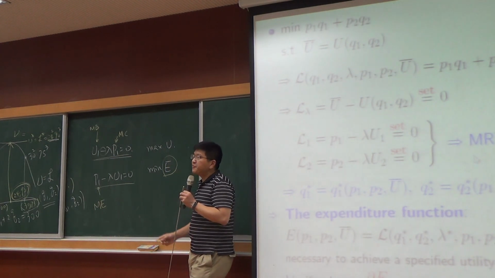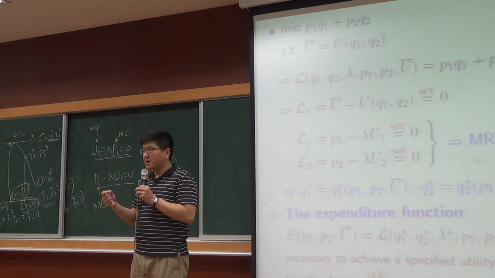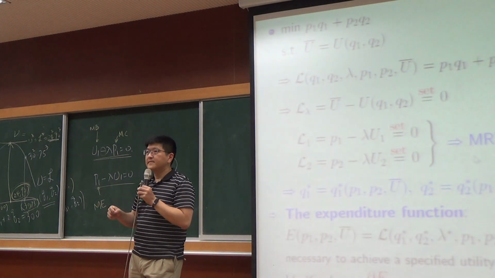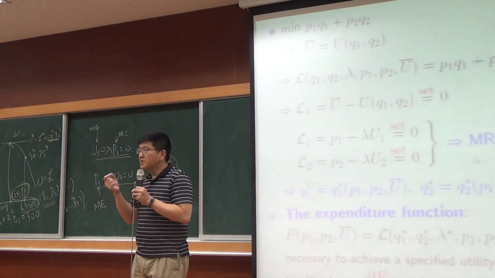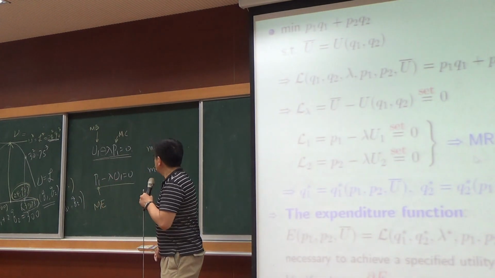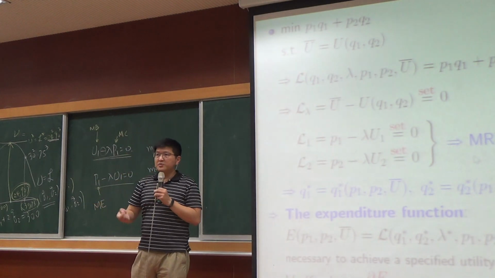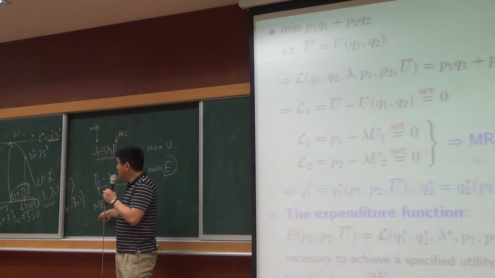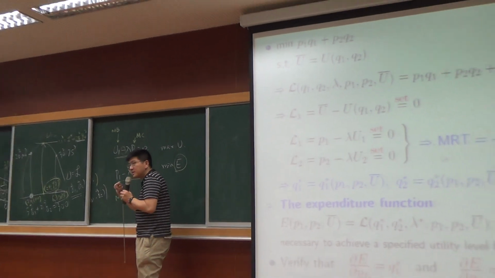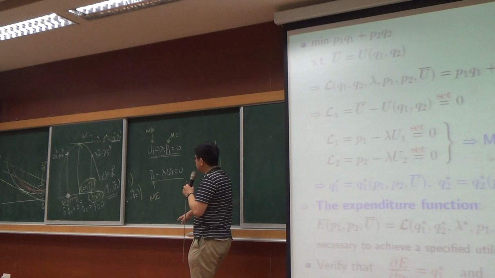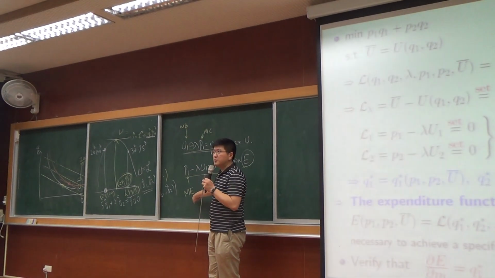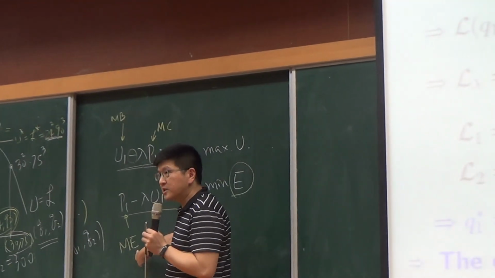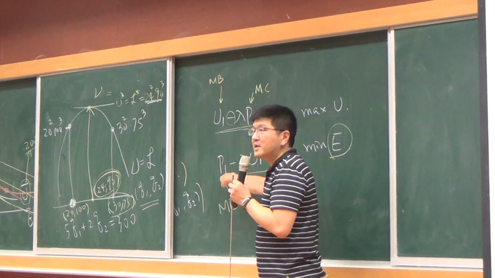If you buy one more unit of commodity 1, an additional Haagen-Dazs, you have to pay the price of the Haagen-Dazs, which means your expenditure will be raised. So this is the marginal expenditure you have to pay if you want to consume one more unit of Q1. You have to pay P1, okay?